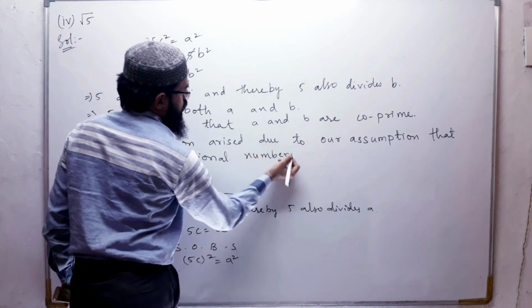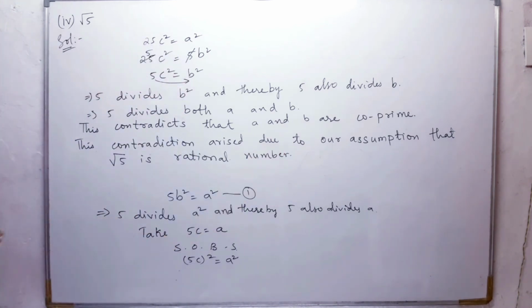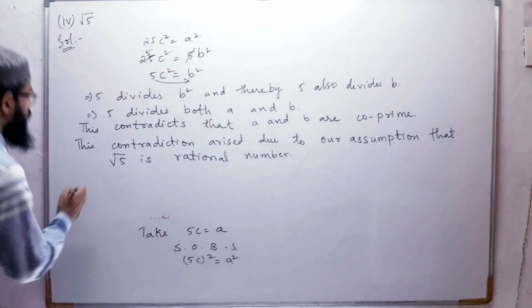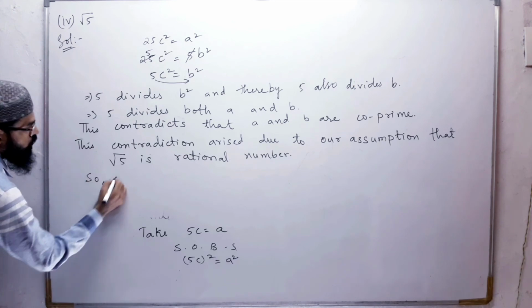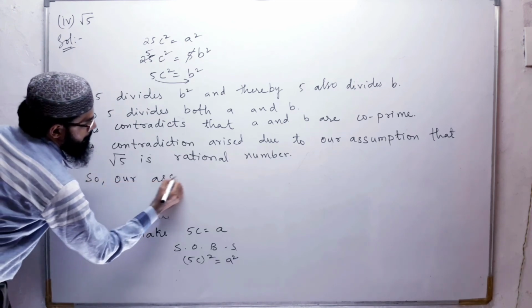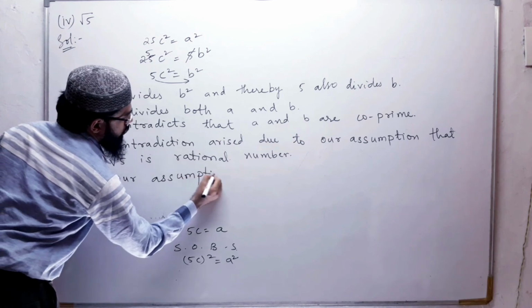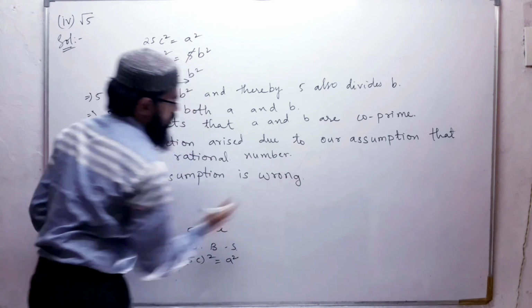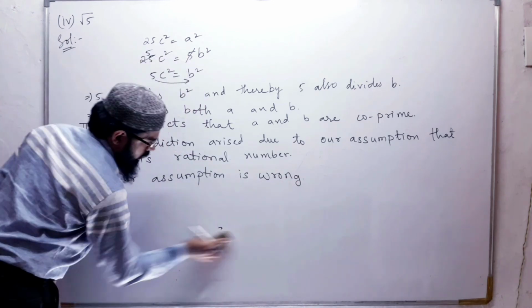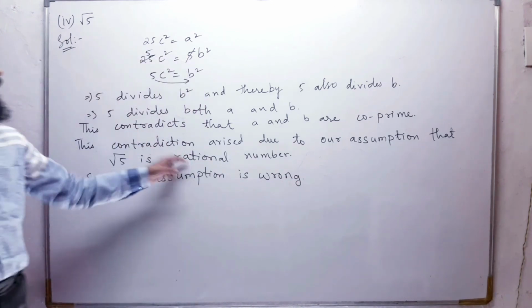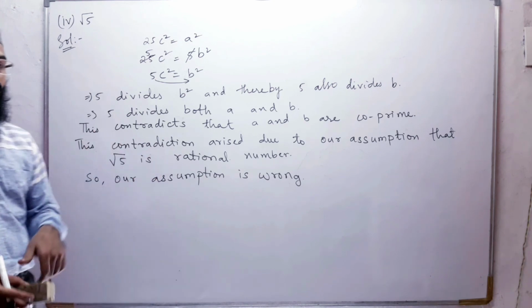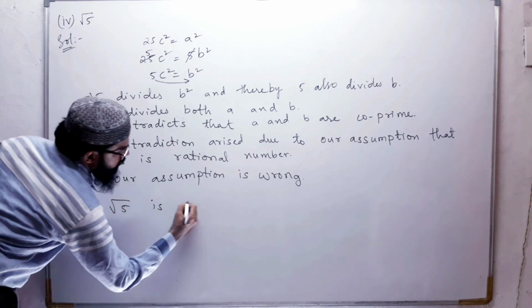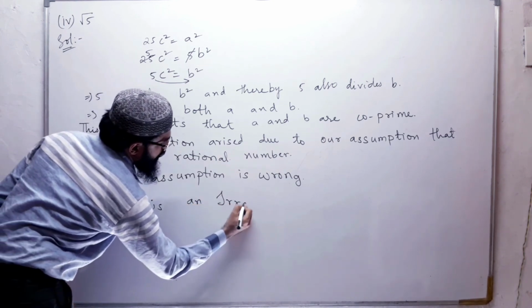So this assumption is wrong. We assumed that it is a rational number, but our assumption is wrong. Therefore, the correct statement is that root 5 is an irrational number.